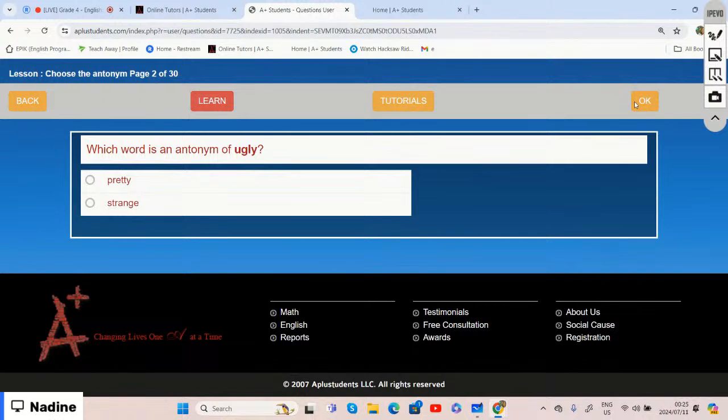All right. What is the opposite or the antonym of ugly? Is it pretty or is it strange?